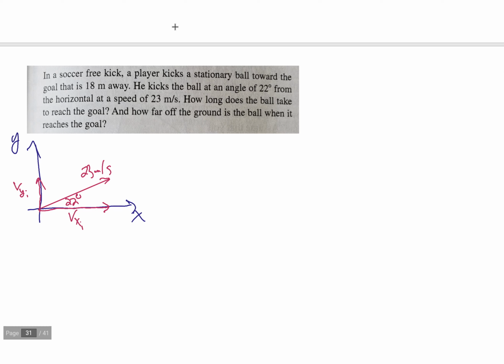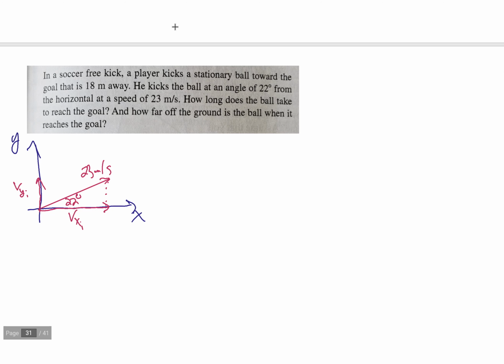How do we do that? Well, we need to remember that we're dealing with a right triangle here, and we have this 22-degree angle. If I want v sub y, that's this side, the opposite side, divided by the hypotenuse, and we know the length of the hypotenuse is 23. So opposite over hypotenuse, that would be sine.